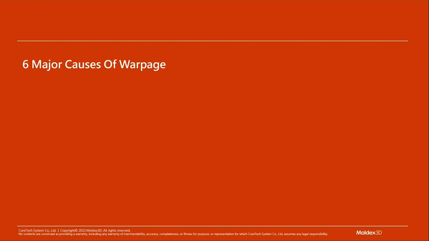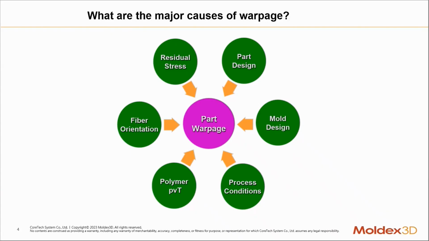So what are the six major causes of warpage? Part design, mold design, process conditions, polymer PVT, fiber orientation, and residual stresses are the most important and impacting causes for warpage in a plastic part.